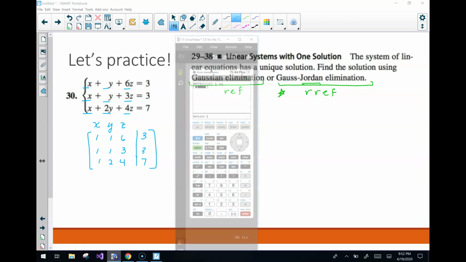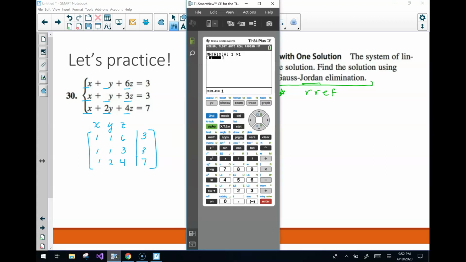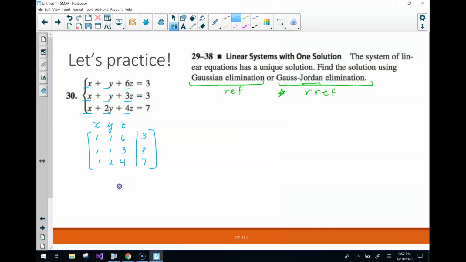We're going to go to our calculator. We're going to get those put in. We say second matrix, edit. It's asking us for the size of our matrix, and size is the rows first and then the column second. Rows go this way, so there are 3 rows.